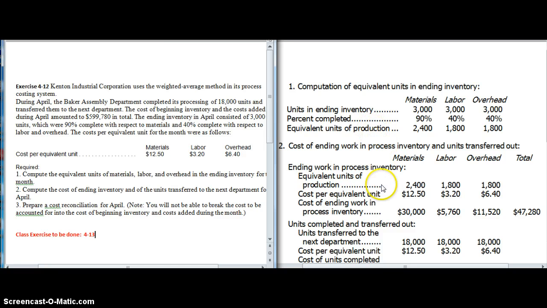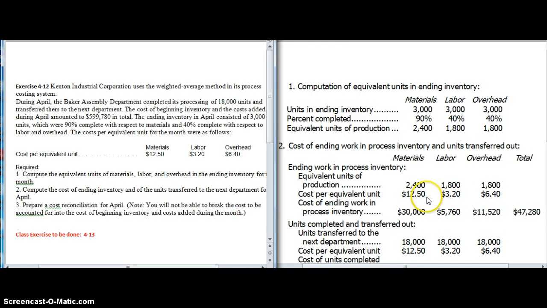So you will bring this down and write the equivalent units of production in ending work in process inventory: 2,400, 1,800 and 1,800. And then you will write down the cost per equivalent unit from the question, which is $12.50 for materials, $3.20 for labor and $6.40 for overhead.